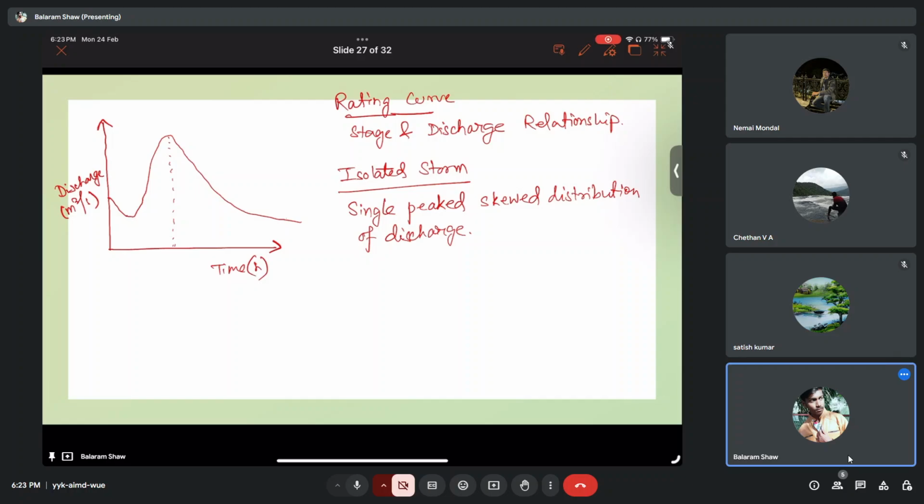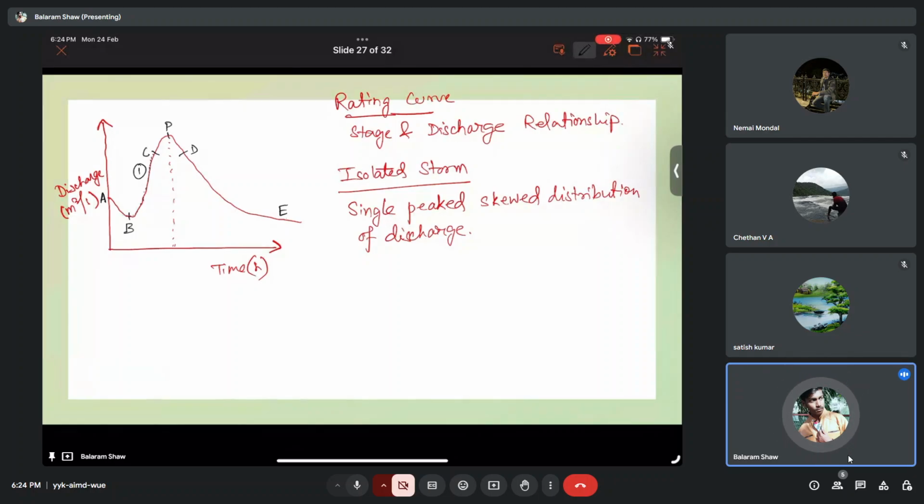Let's give some names: where we are starting is A, this is B, this is C, this is P, this is D, and this is E. Now from B, you can see there is a limb that is rising, or you can see the discharge is increasing.